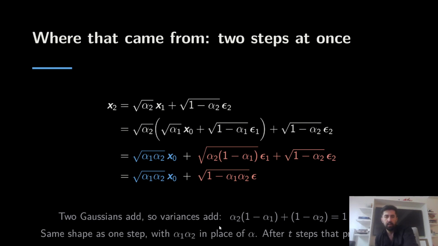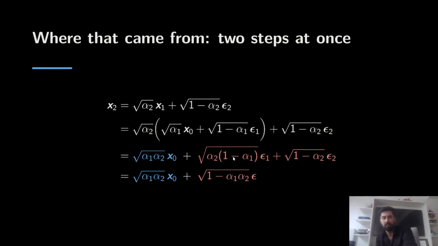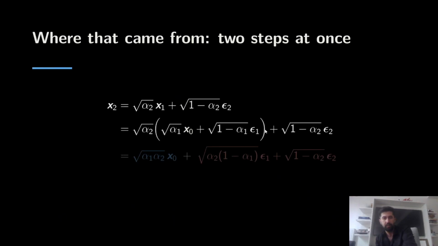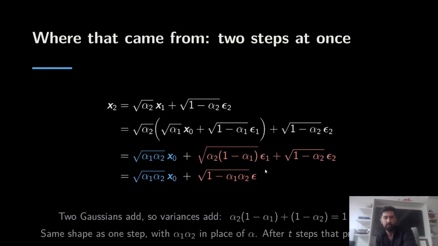So if we do it n times, we'll get radical alpha 1 alpha 2 till alpha n x0 plus radical 1 minus alpha 1 alpha 2 till alpha n epsilon, which is basically the product we substituted over here. So this is just a mathematical derivation.